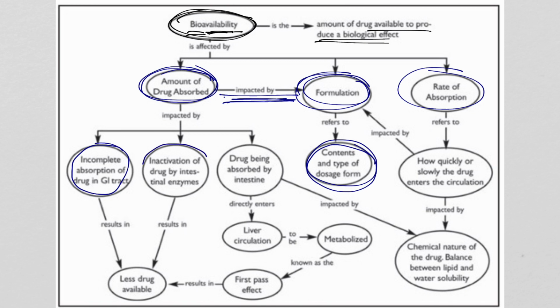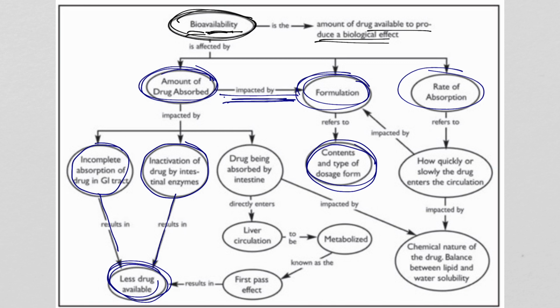The other that we can see is that we have these enzymes that live within the intestinal tract, which can also cause inactivation of the drug. And so if there's inactivation of the drug, essentially it leads to the same thing that incomplete absorption in the GI tract leads to, which is less drug is available to be delivered to the site of action. Therefore, we don't see the desired biological effect being produced, or it doesn't last as long.